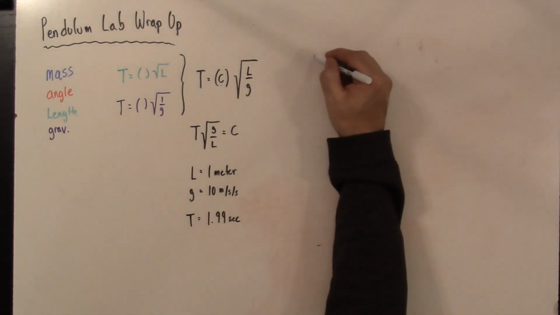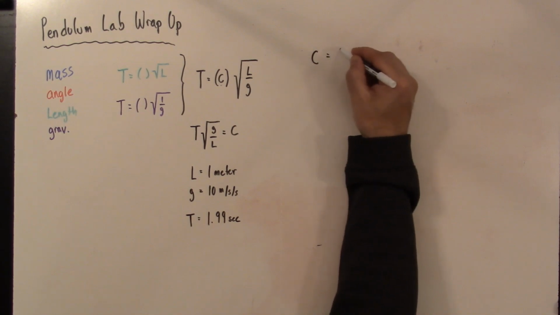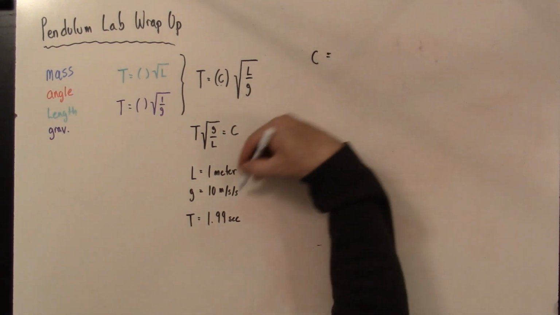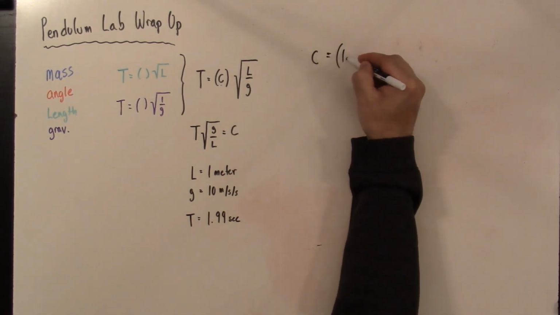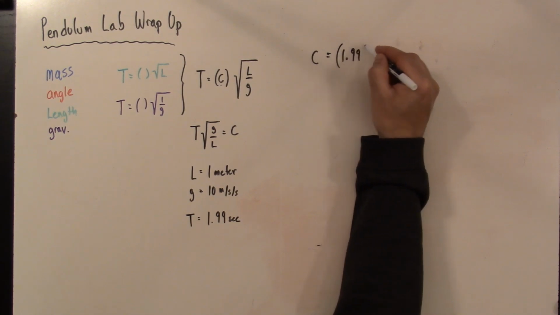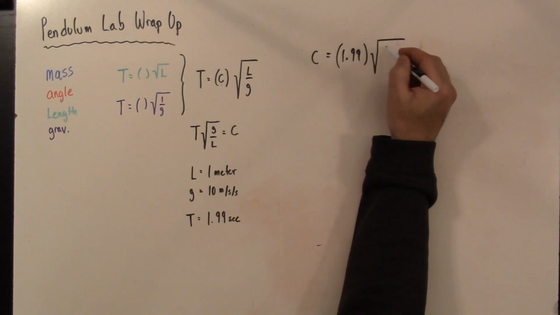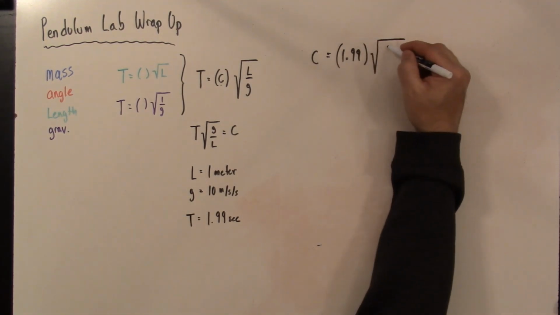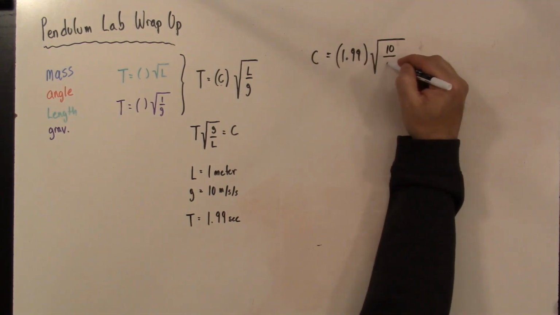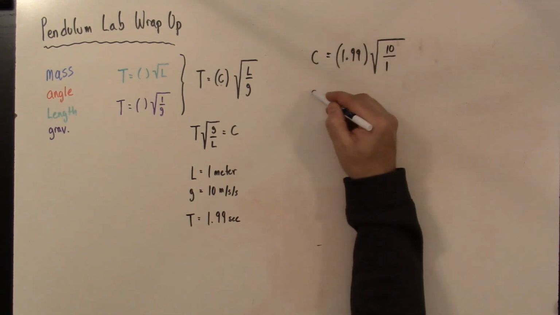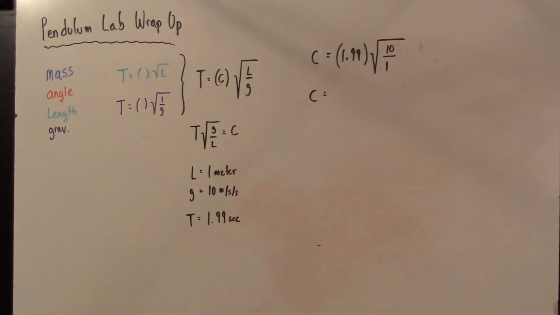So, what is our coefficient value then? Well, let's come up here. We know C is equal to the period, which is 1.99, times the square root of my G value, 10, divided by my length, 1. So you've got to grab a handy dandy calculator.